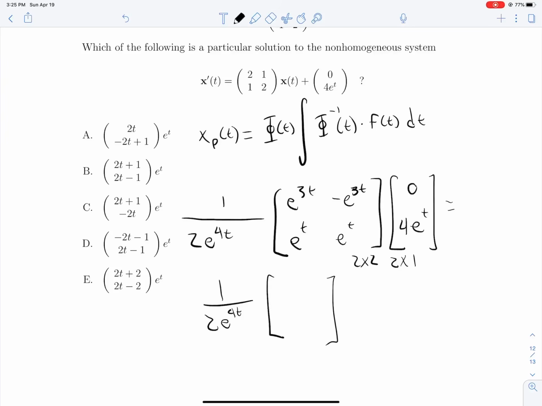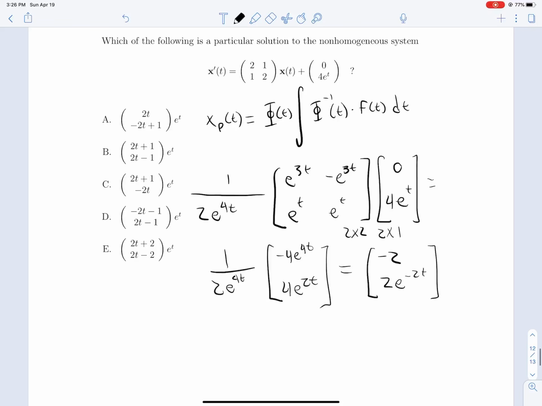Let's see, we will get negative 4 e to the 4t and 4 e to the 2t. So dividing that 2e to the 4t out, we get negative 2 and 2e to the negative 2t.